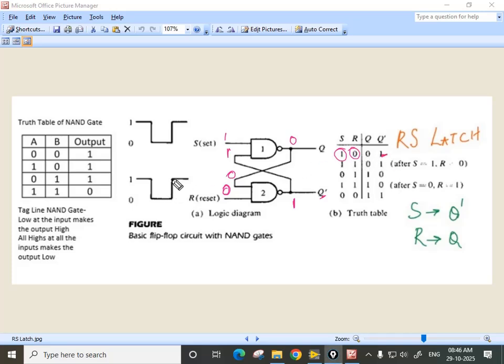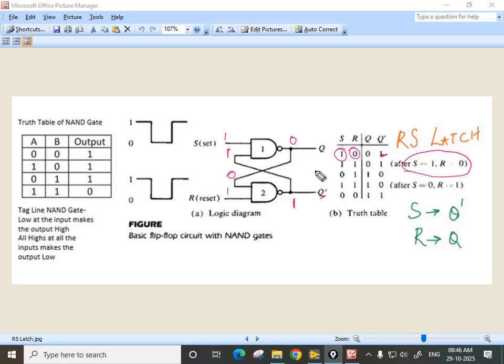Then the next condition is S equal to 1, R equal to 1. So I have to make R equal to 1. Remember, R equal to 1 comes after S equal to 1, R equal to 0.